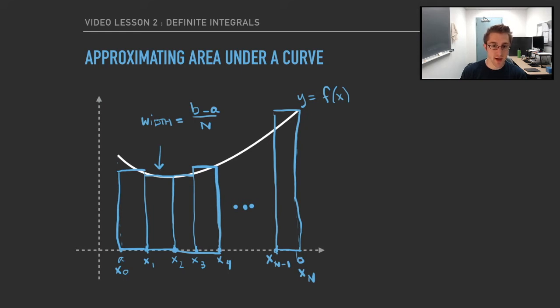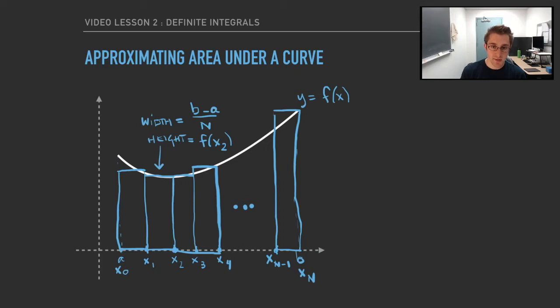And the height of the second rectangle, the one that I have this arrow pointing at, is just the value of the function, which is f of x2, say. And so the area is just b minus a over n times f of x2.